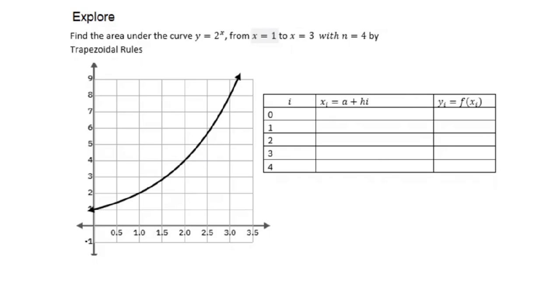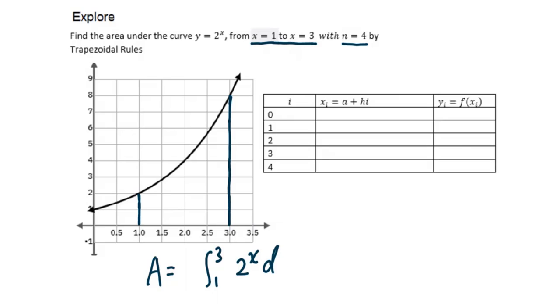Find the area under the curve y equals 2 to the x power from 1 to 3 with n equals 4 by trapezoidal rules. So we have 1 here, then we have 3. According to the definition of a definite integral, we can write down this area as the integral from 1 to 3 of 2 to the x power dx.